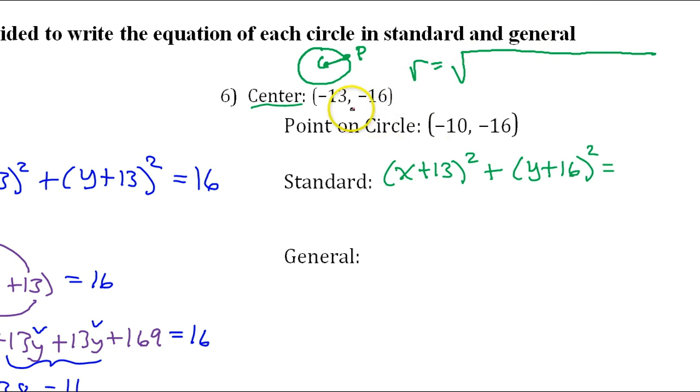So that's x minus x squared, so that's negative 13 minus negative 10 squared. And then I've got plus y minus y, so that's negative 16 minus negative 16 squared. And this will give me the radius.